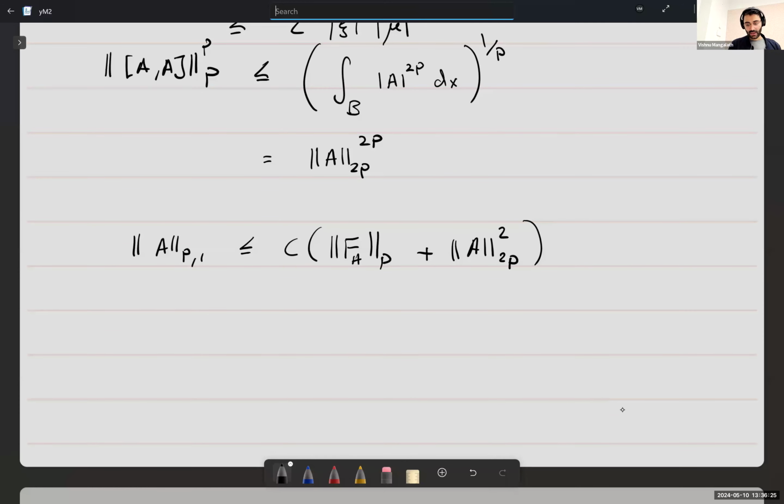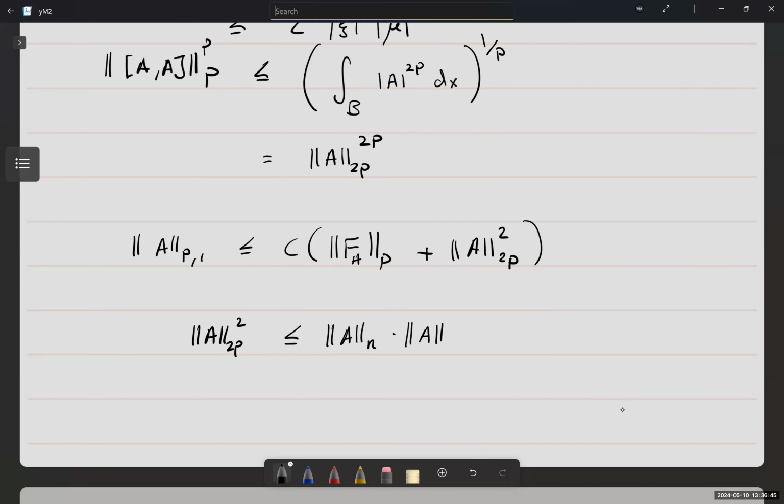Okay, so now that we have got rid of the brackets, we can now use Holder's inequality and apply it to this thing. So A 2P squared less than or equal to A n times A. Sorry, I don't remember my norms well enough.